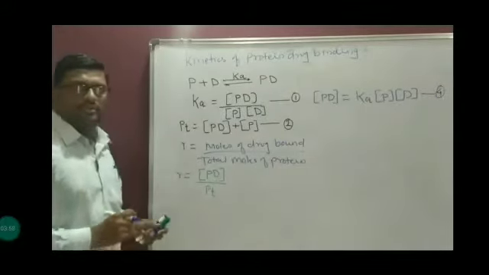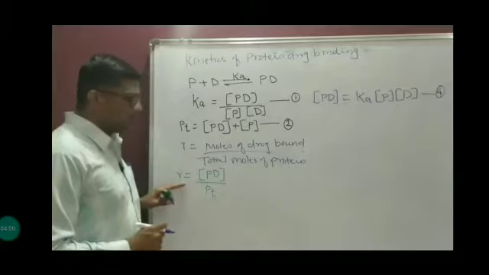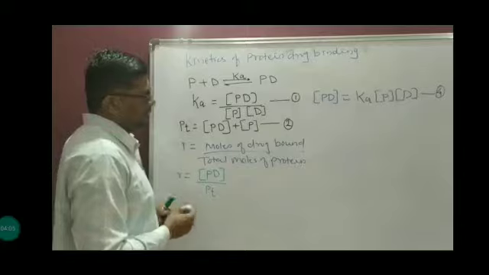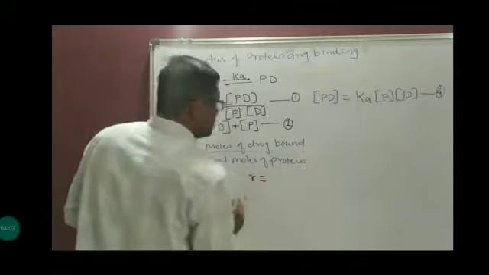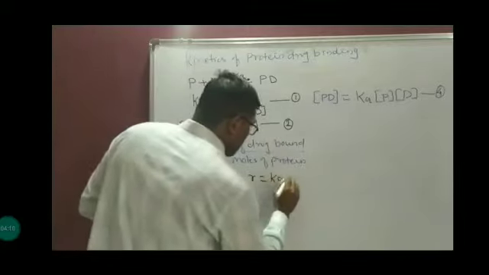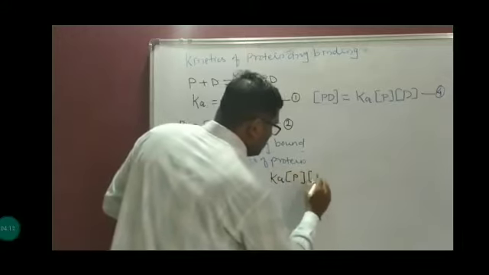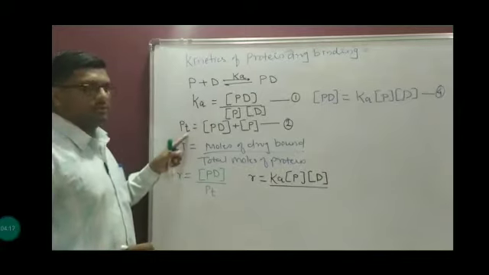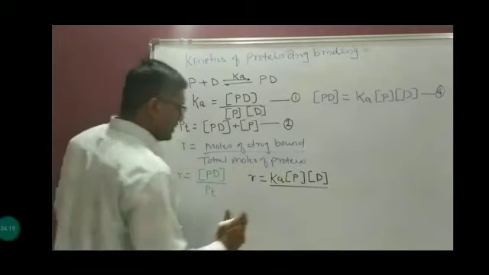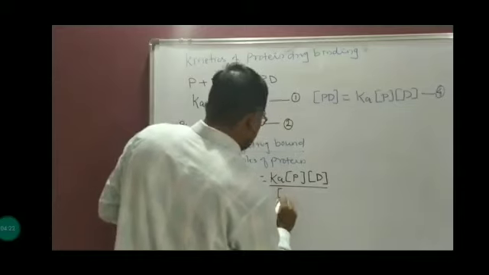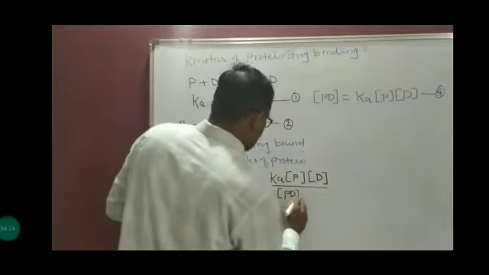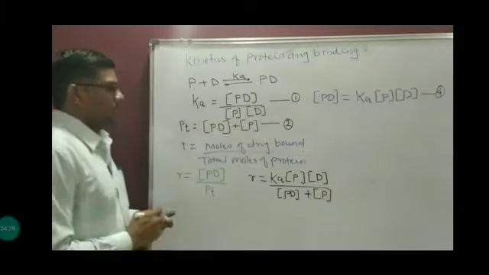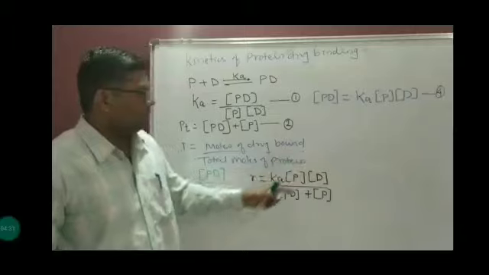Now add this PD value into the R equation. Therefore R is equal to PD, that is Ka into P into concentration of D, divided by PT. Put equation 2 in this, that is the concentration of PD plus the concentration of P. Now put the PD value in again.